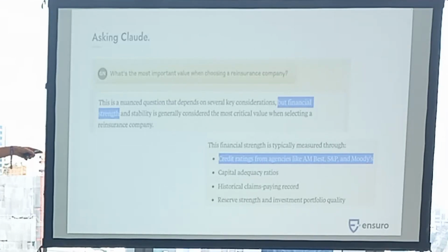And in the back, you will see how financial strength is currently assessed, by ratings from agencies, or by historical claims paying record, and all stuff like that, things that we don't have. So we are taking a different approach.